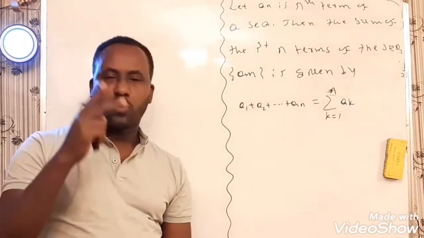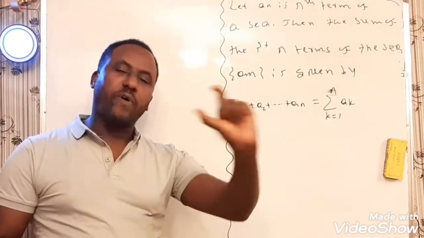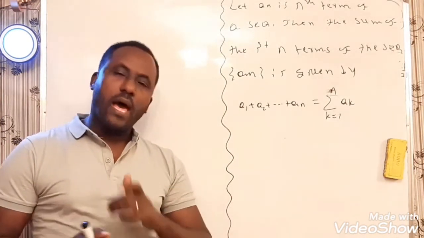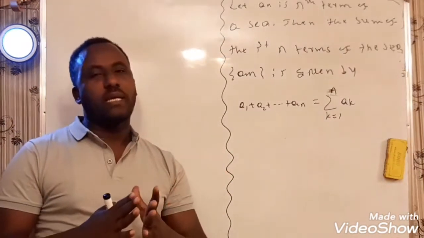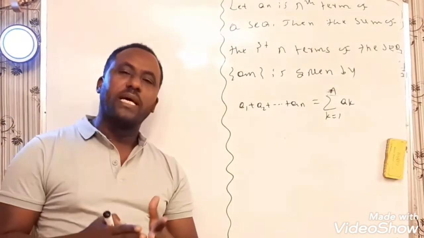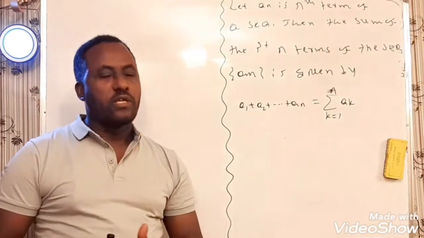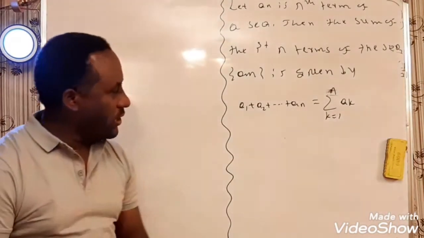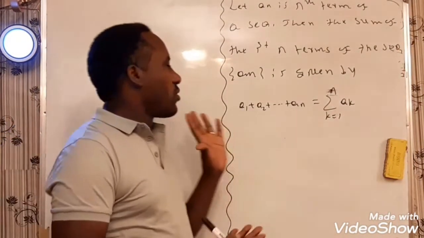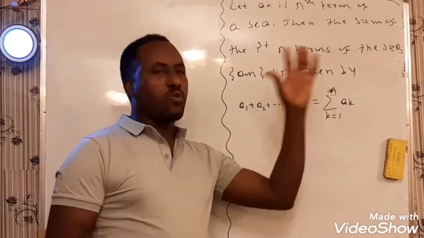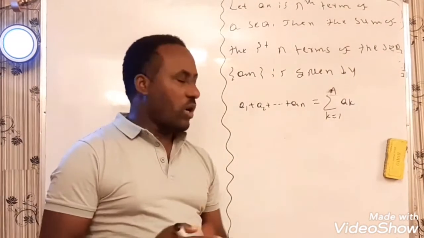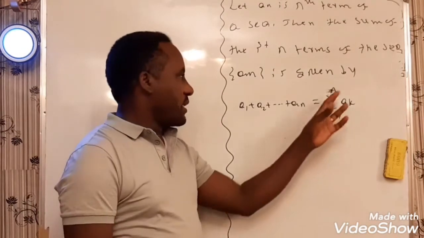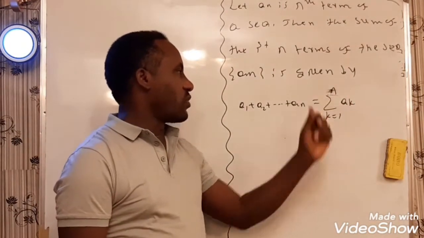There are two basic kinds of sums, infinite and finite sums. The sum of the sequence means the series of the sequence, so the series of any sequence will be described this way. This is the general notation: the summation with k running from 1 to n.